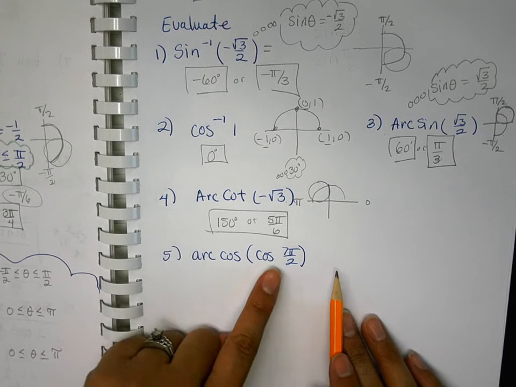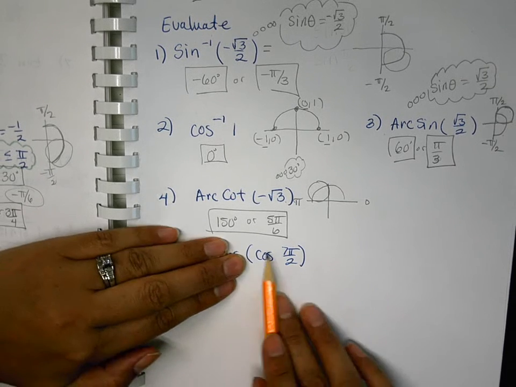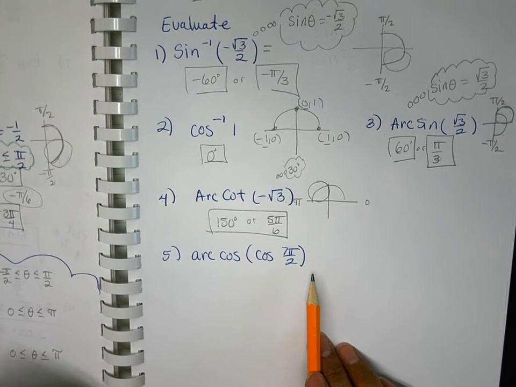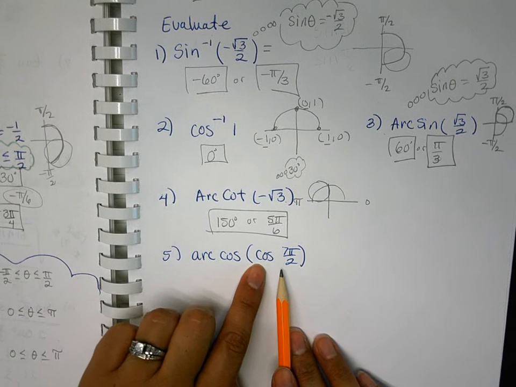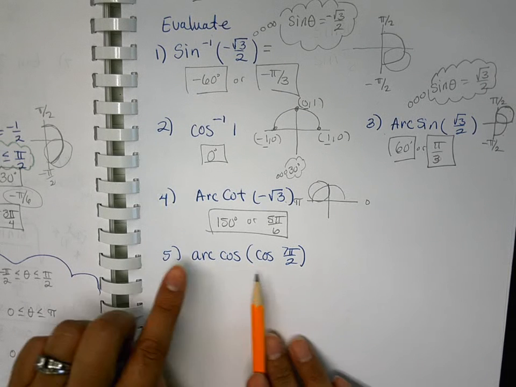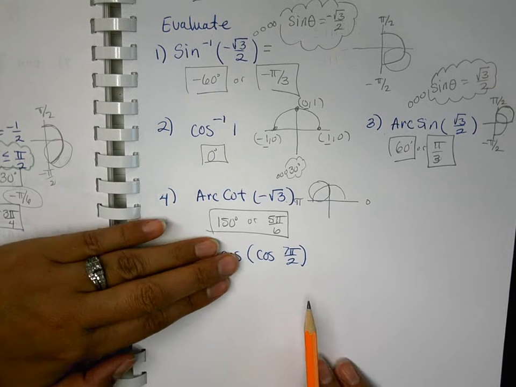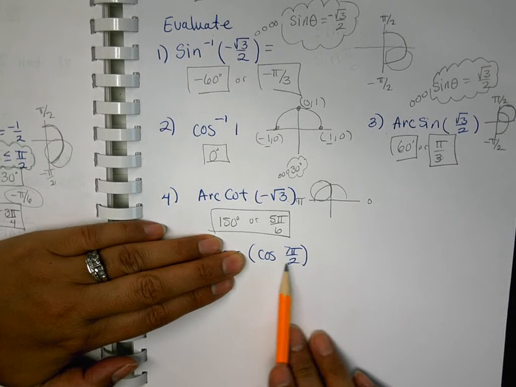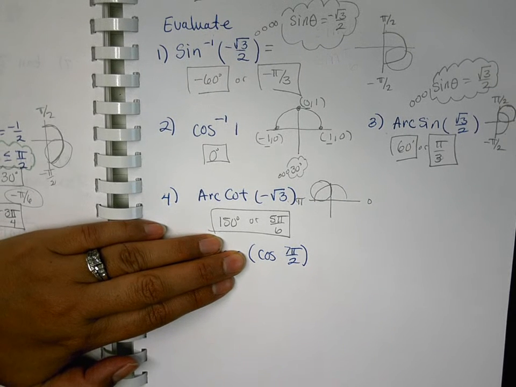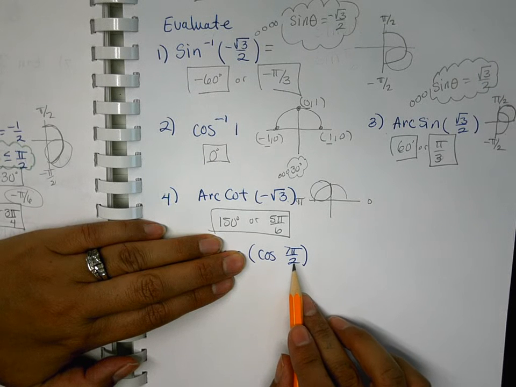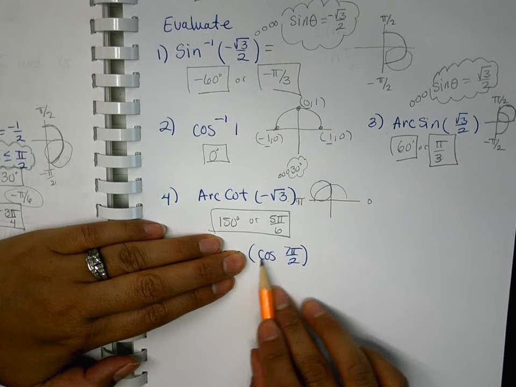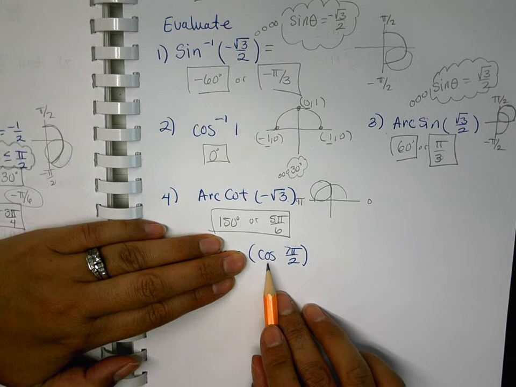So I'm going to cover this. You will never do inverse of an inverse. This is the inverse. This is not the inverse. And it's not always going to be this order. Sometimes the non-inverse will be on the outside. This is regular cosine. 7 pi over 2 is an angle, so our answer here is going to be like 1 or 1 over root 2 or root 3 over 2 or something like that.